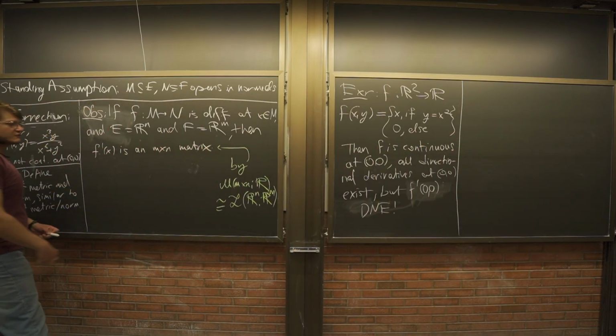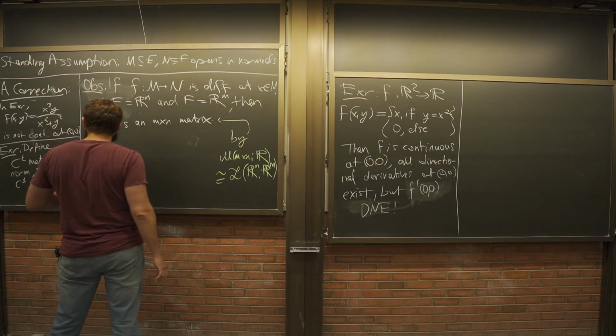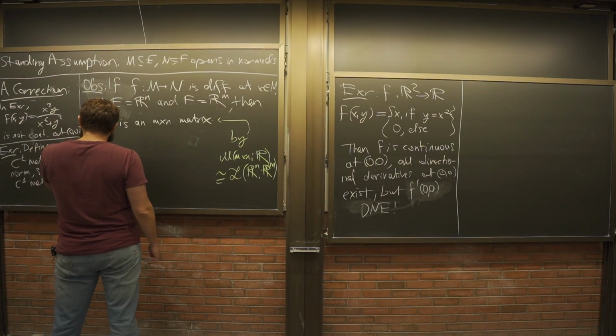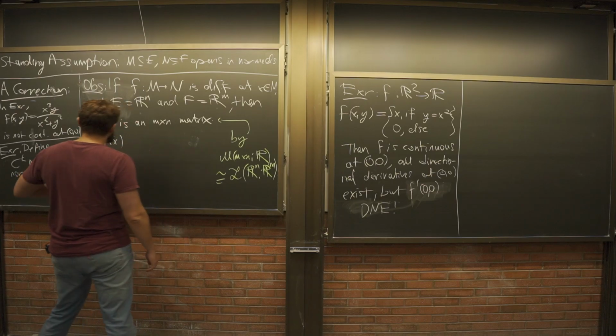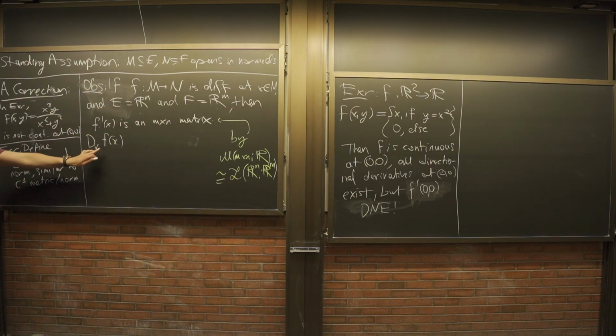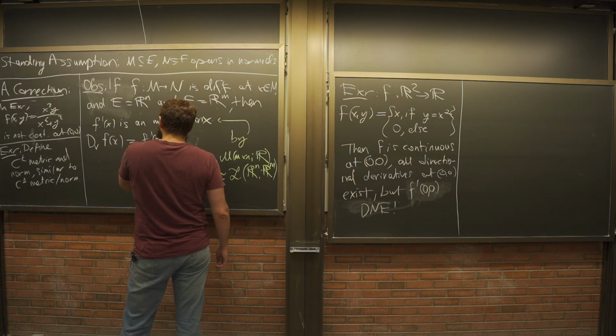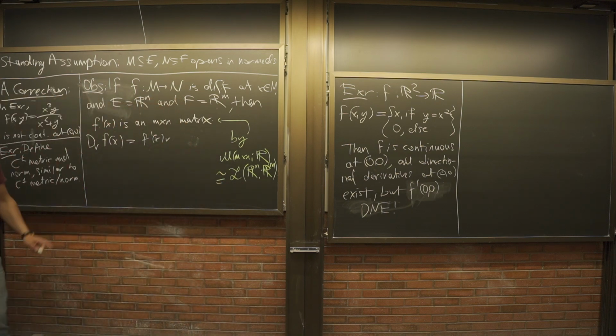If this exists, remember, we have this. The directional derivative of f at x in the direction of v, insofar as this derivative exists, is the same thing as f prime of x applied to v. So this is what I'm going to use.